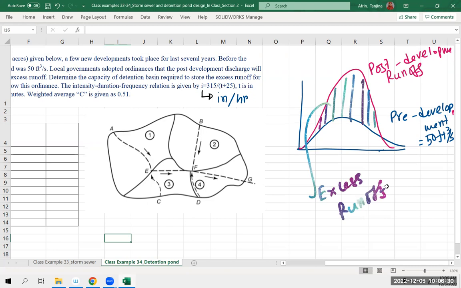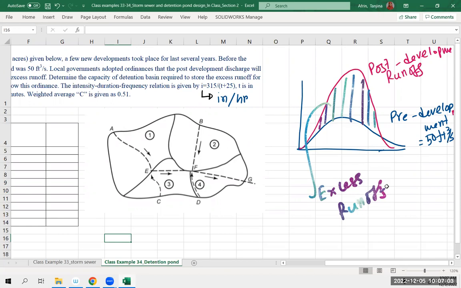Now, for doing that, the designer decided we will make a detention pond to hold this excess runoff. The question is, how can I find the capacity of that detention pond? That's what we will find. If the detention pond is taking care of this excess runoff, your new construction is not releasing any additional water. So the total runoff will be the same.